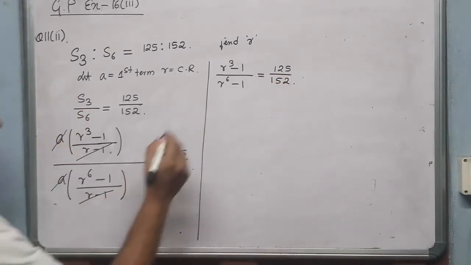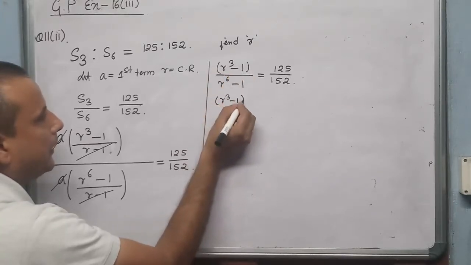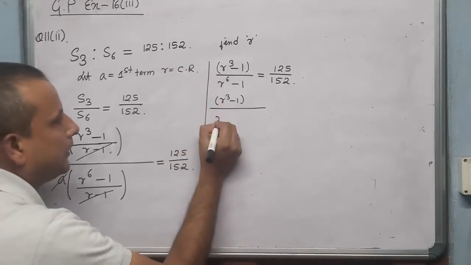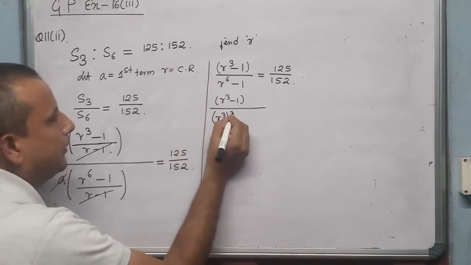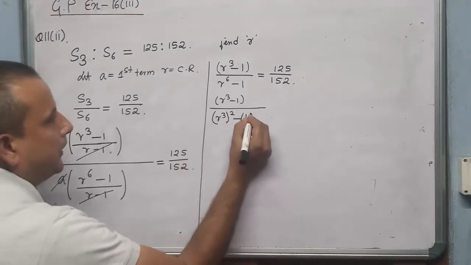Now that's it. This step is important. To cancel this numerator quantity, r cube minus 1, I'll manipulate this denominator. R to the power 6 means we can write (r cubed) whole square, r cube squared minus 1 squared.